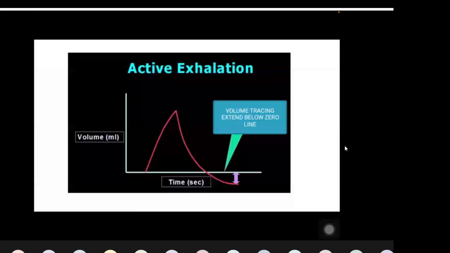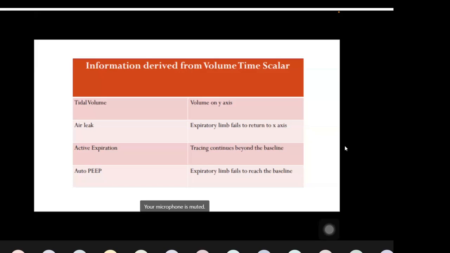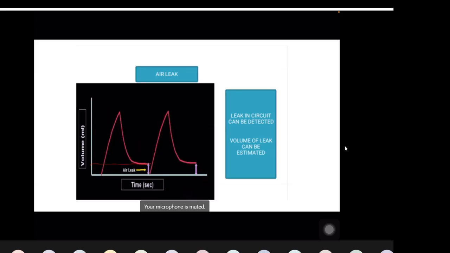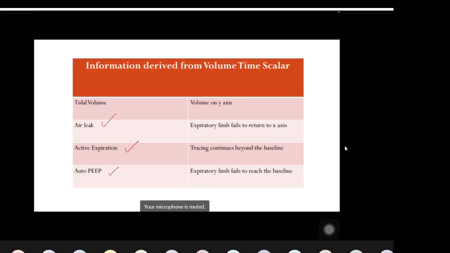The information derived from a volume time scalar is: air leak when the expiratory limb fails to touch the baseline, active expiration when the tracing continues below the baseline, and autopeep when the expiratory limb fails to touch the baseline. Autopeep also occurs when there is some degree of air trapping. It is similar to air leak, because some of the inspired air is remaining within the lungs. That causes air trapping, and in that condition also, the expiratory limb will fail to touch the baseline.